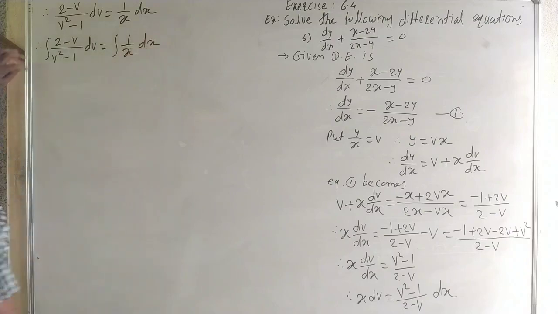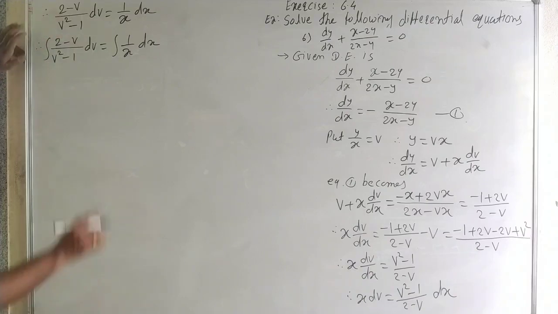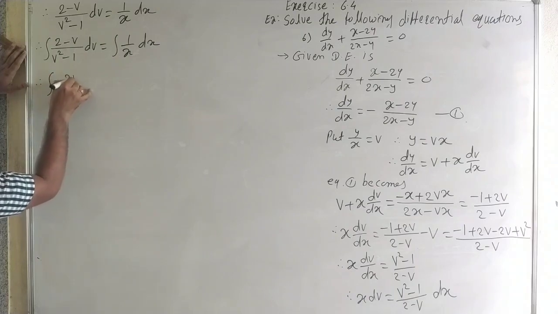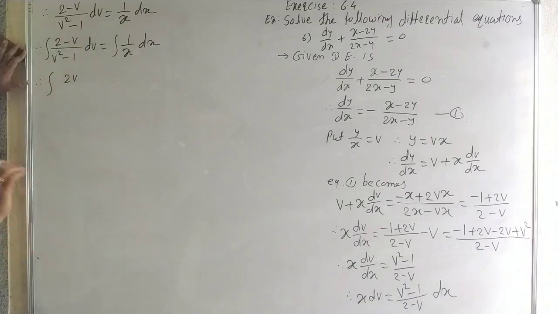Okay. Now again here a linear function upon the quadratic function, and the derivative of the quadratic function v square is 2v. So here we adjust the 2v. See carefully this integral, we can write 2v. Because constant upon v square minus 1 is easily integrable, it is the special integral of x square minus a square.